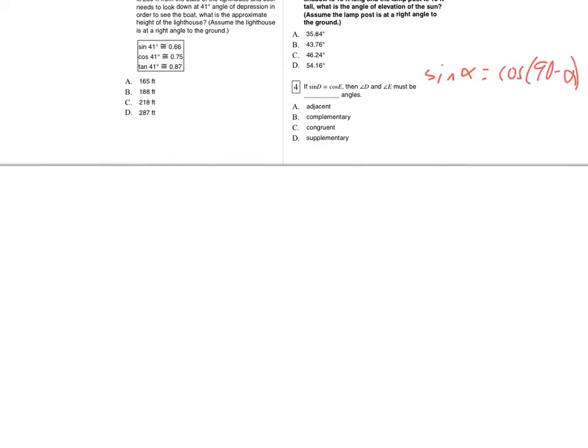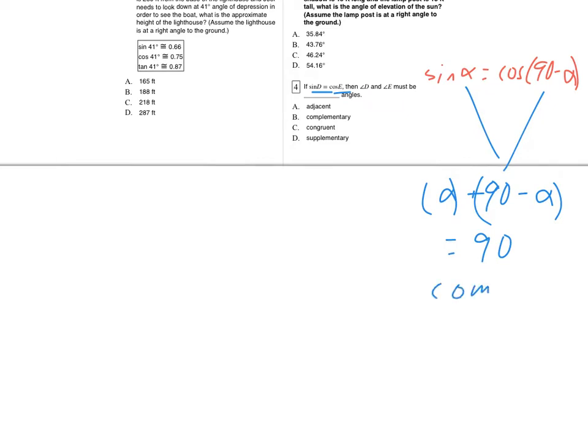And so if I evaluate these angles here, what do alpha and 90 minus alpha add up to? Well, they actually add up to 90. And so if these two add up to 90, then that means they are complementary. That is the definition of complementary, that they add up to 90.